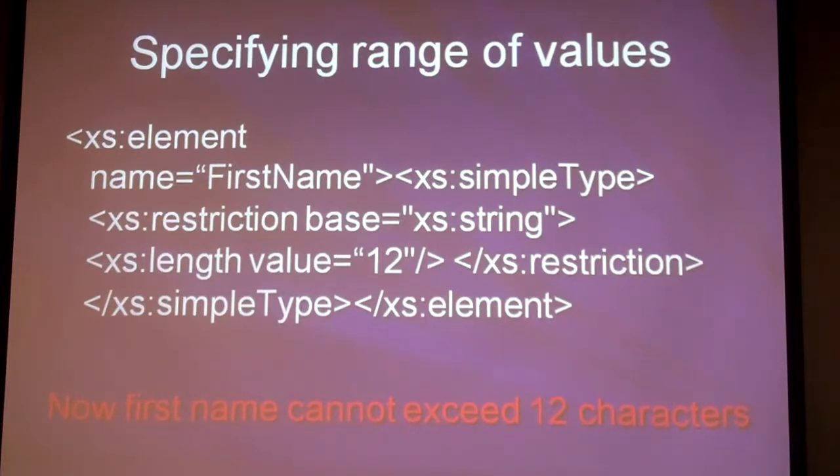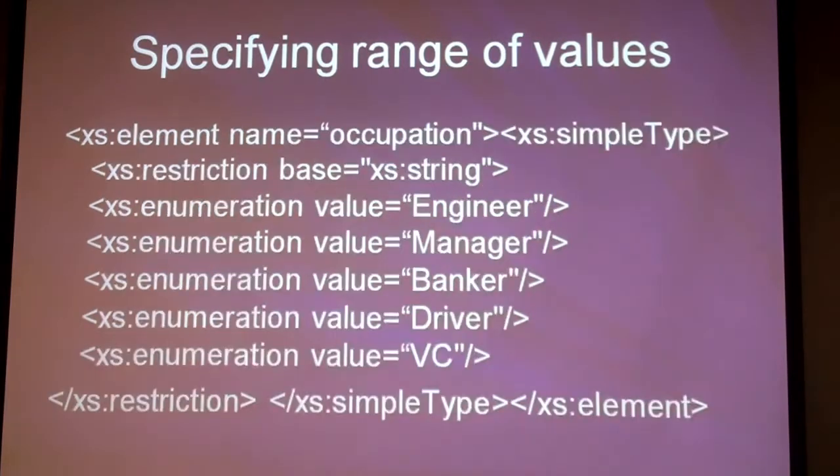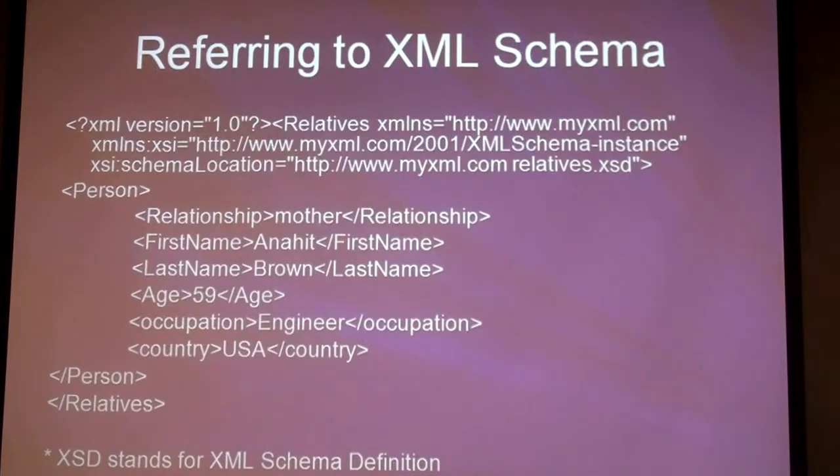Remember I had an example where we refer to an XML schema document located on a server. This schema document is called relatives.xsd and is located on this server. So the computer knows, if you have an internet connection, where this XML schema definition document is located.